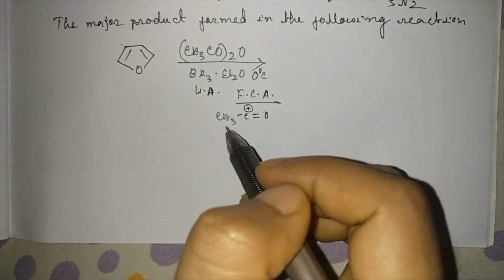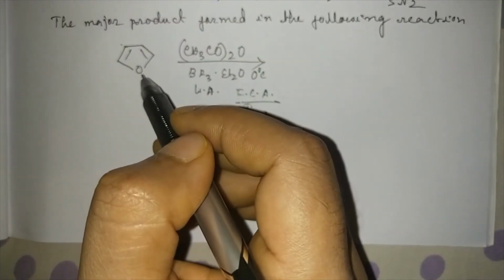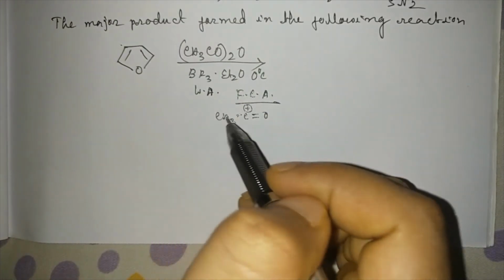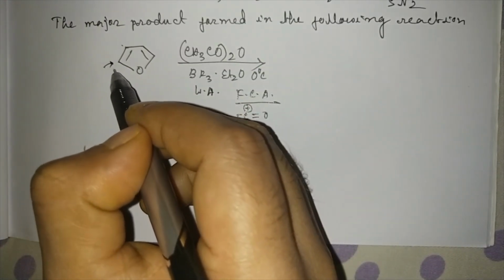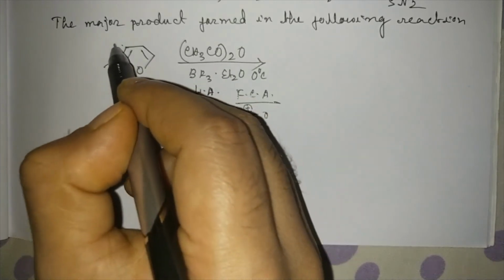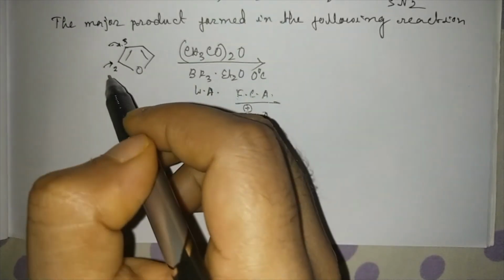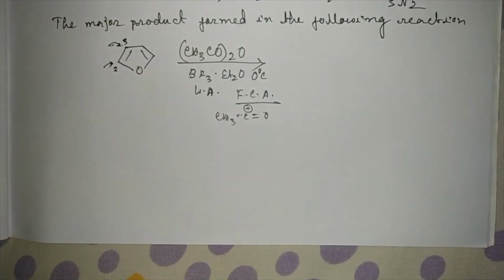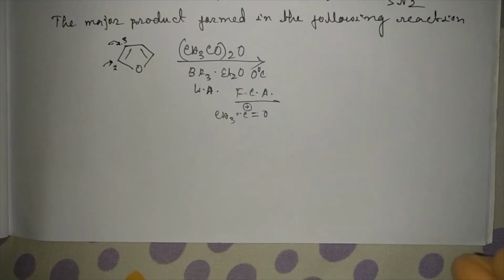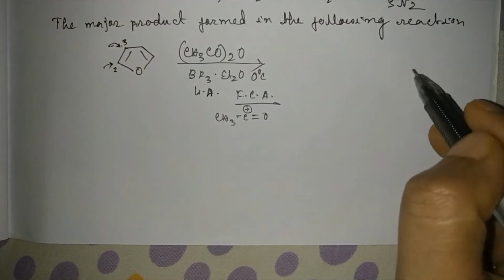Now this acyl group will be attacked by this furan. So the acyl group will come in this position, that is position 2, or in this position, we have to determine this, or in both these two positions or both these three positions. Now furan is not as active a ring as pyrrole.